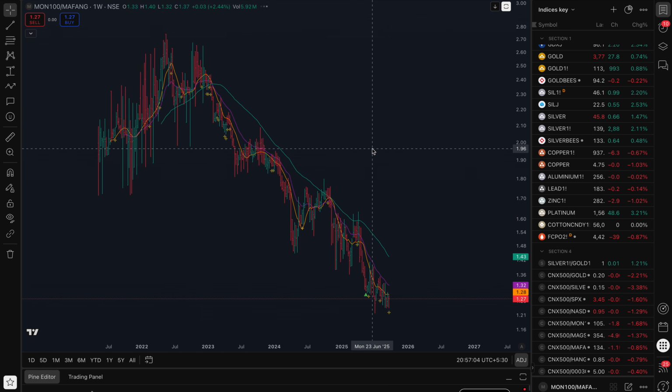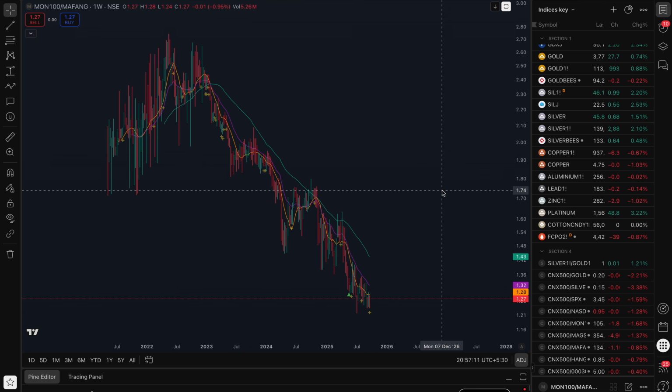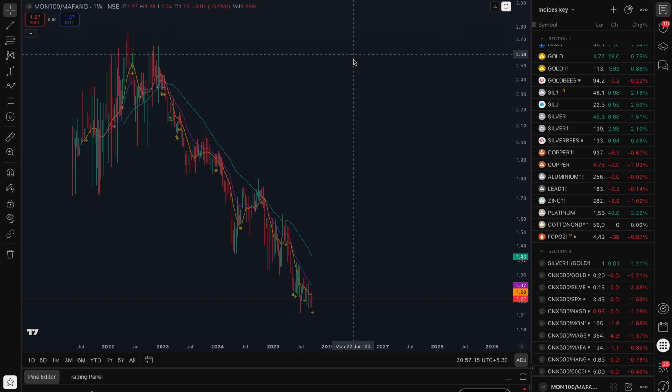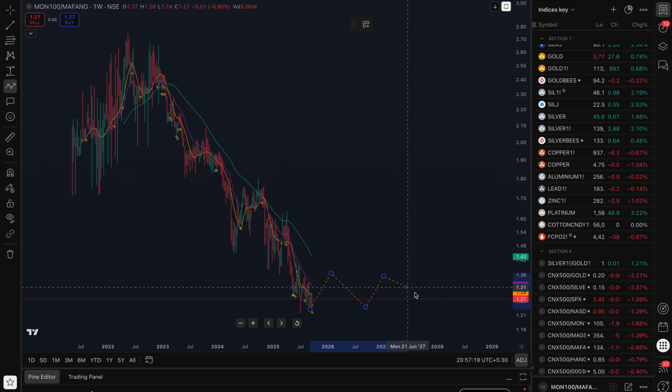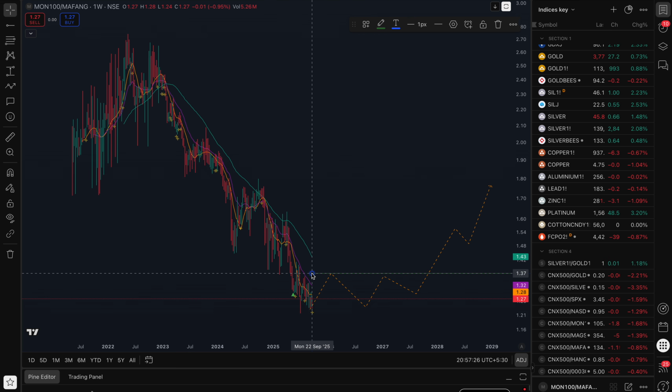That means Mafang is a better name than putting money in Nasdaq. So the moment this chart, some time in the future, bases and then starts to trend back up, then you sell Mafang and put your money in Mon or any other Nasdaq ETFs, right?